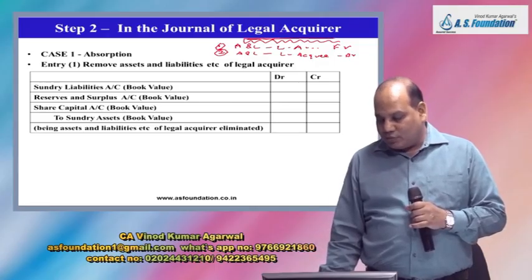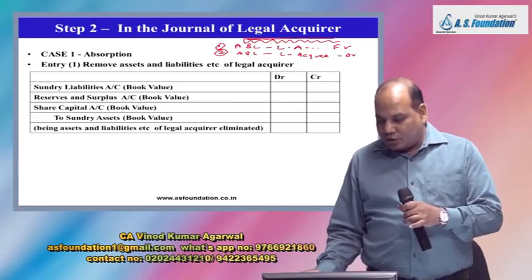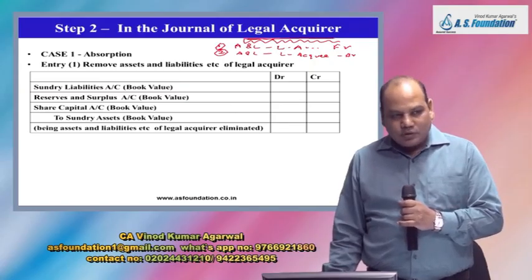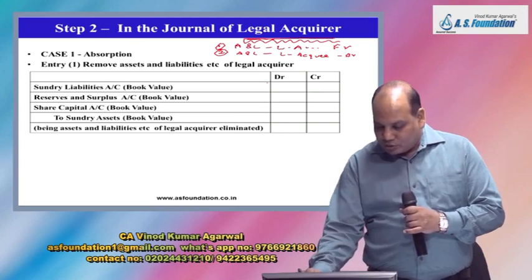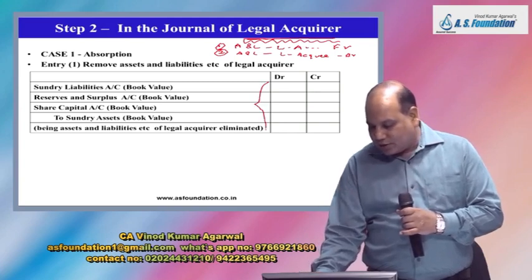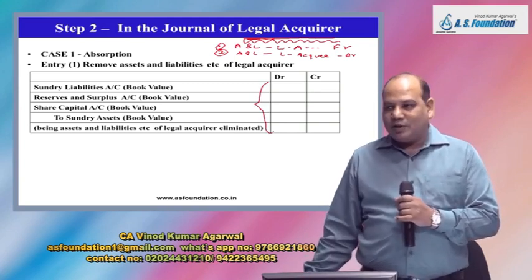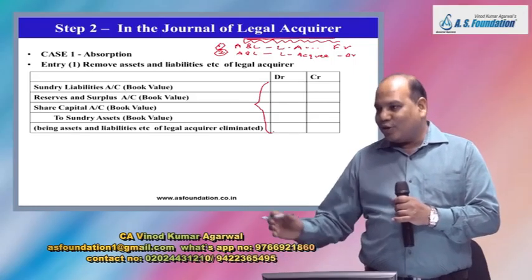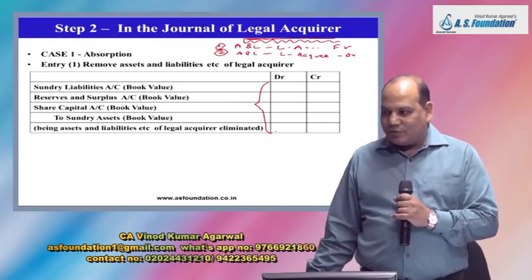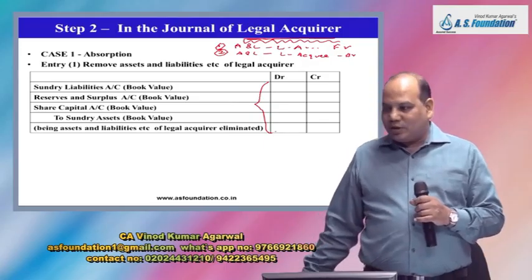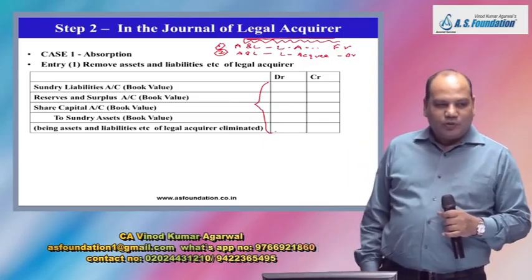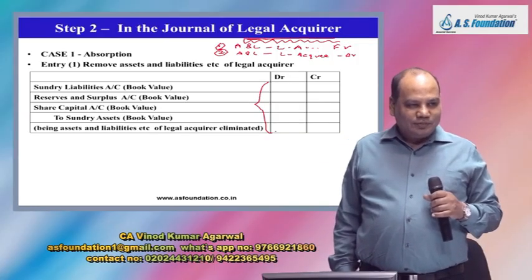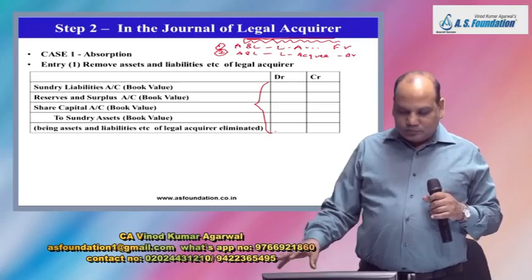So what I can do, I will first reverse all the existing assets, liabilities, reserve and capital, and make them zero. Again record them at fair value. That is one way. The second way is you can only pass the entry for the difference.